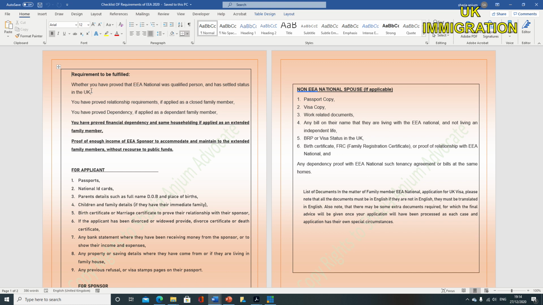Tasawwar Ahmed Gondal has joined us. Welcome to our UK immigration show, and we are covering EEA national appeal process for those people who cannot afford to pay a lawyer and who want to lodge their appeal by themselves.